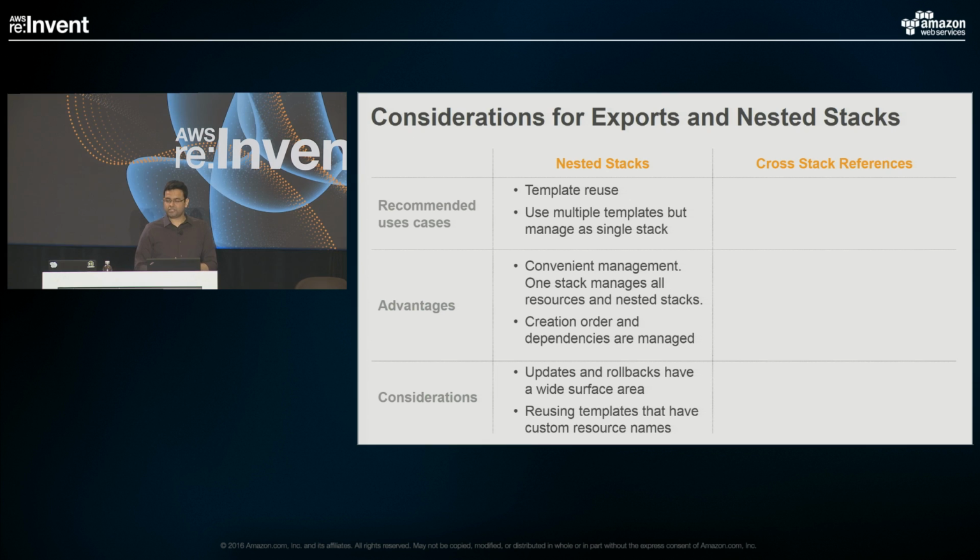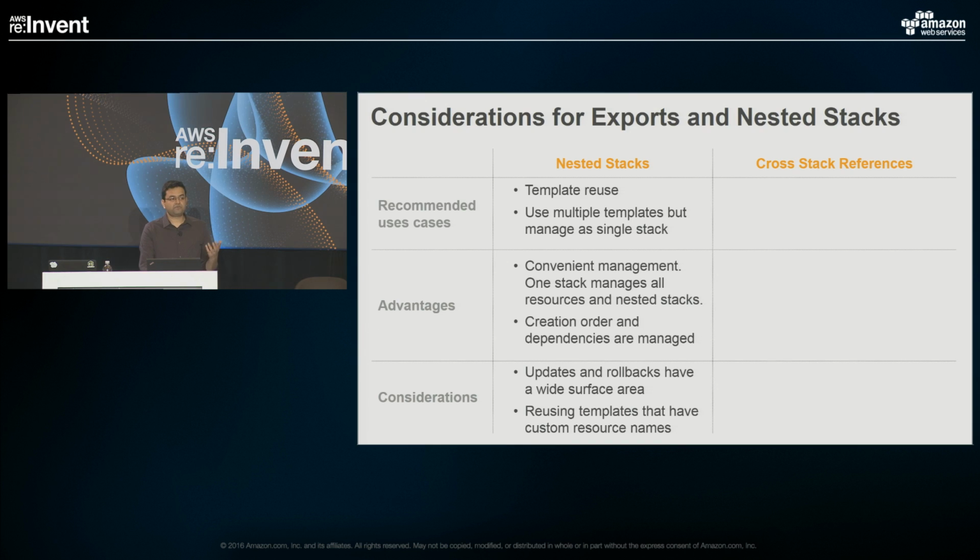A couple of considerations here. The moment you use nested stacks, you have increased your rollback surface area and even your update surface area. So if you have a child stack and you are feeling the tremors of a rollback, then it can flow into your other stacks, the parent stack. So you have to understand before using nesting that the rollback surface area is wider in this case.